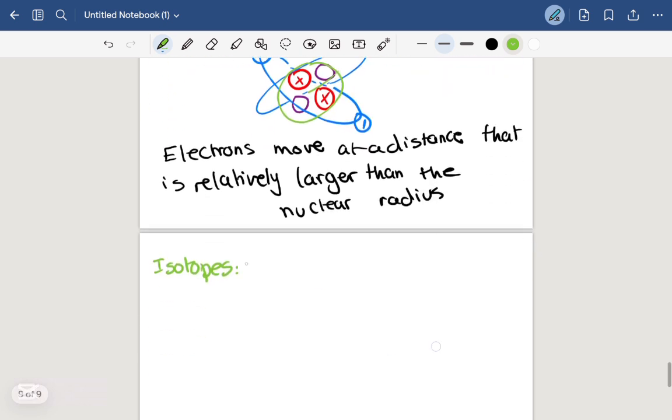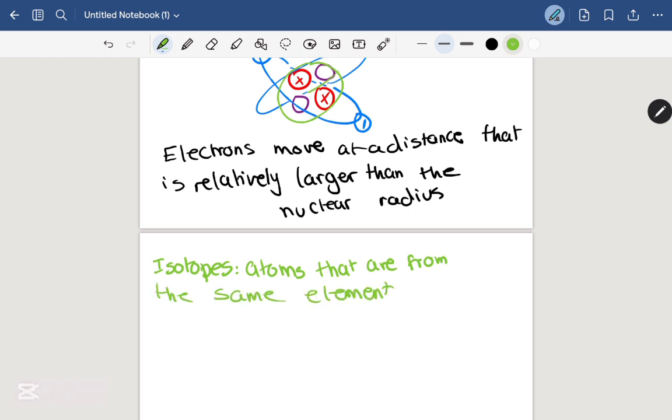What is an isotope? Isotopes are atoms that are from the same element, so the element will never change in isotopes, okay? They have the same proton number, so same proton, I will just say P number, okay? But a different mass number.